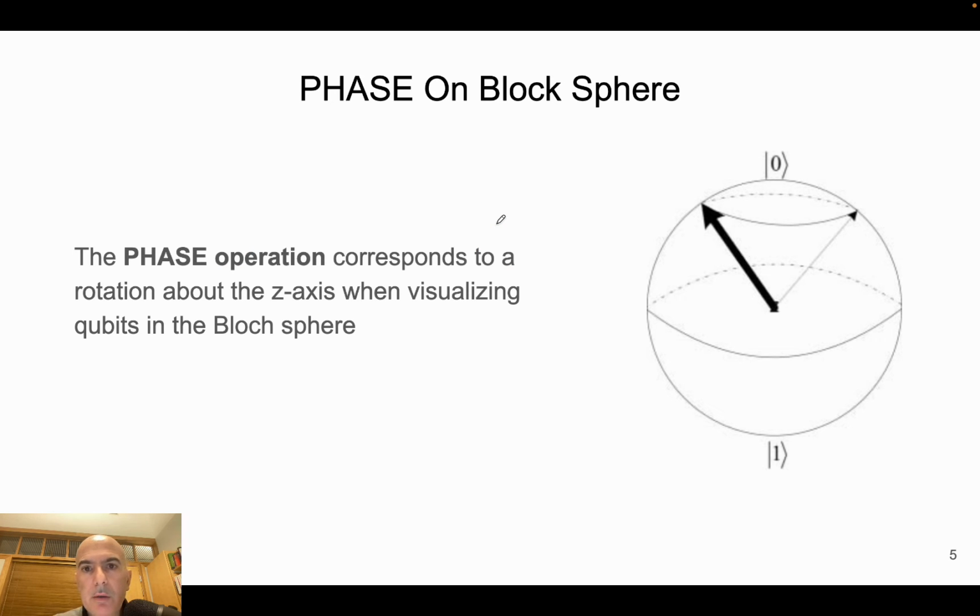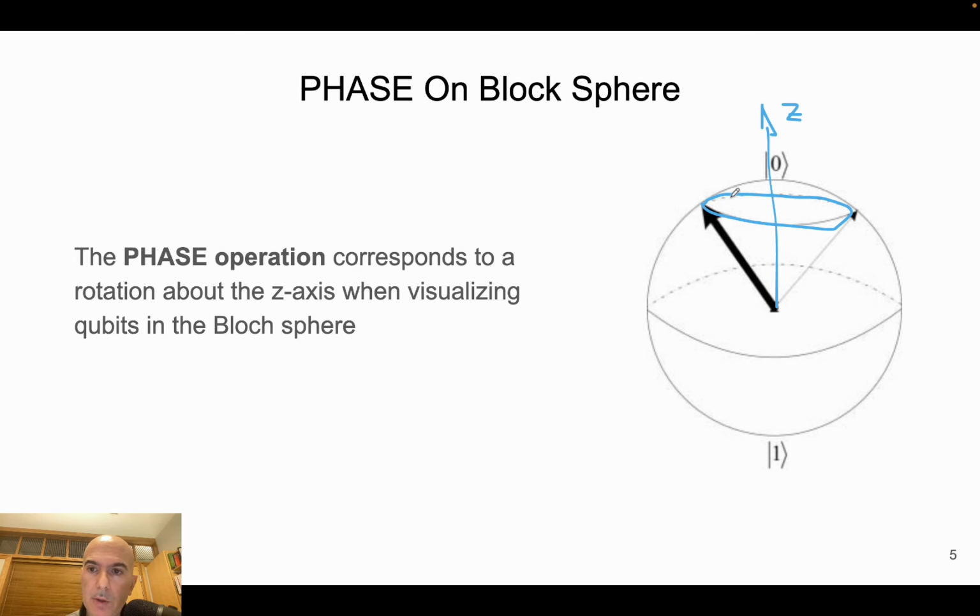The effect on the Bloch sphere is just a rotation around the z-axis. So if this is the z-axis, it's just a rotation around here, right? And this is the angle. Remember that it doesn't change the probability of measuring one state over the other.